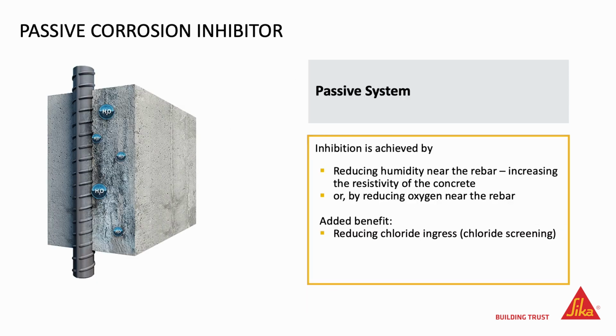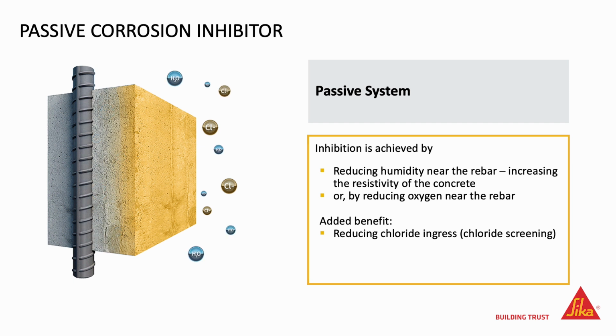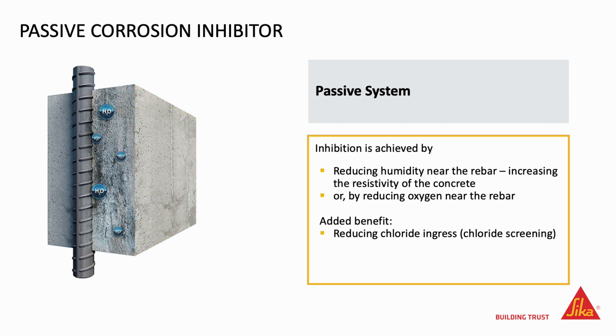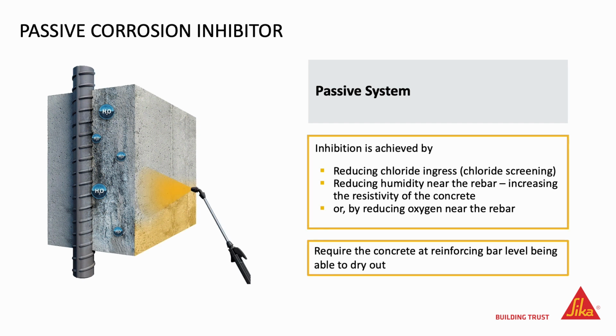The passive systems are acting differently by reducing the humidity at the reinforcing bar level. As a consequence, the resistivity of the surrounding concrete is increasing, reducing the corrosion rate. Using concentrate silane passive inhibitor, another big advantage is achieved, that of preventing further penetration of chlorides in the concrete.